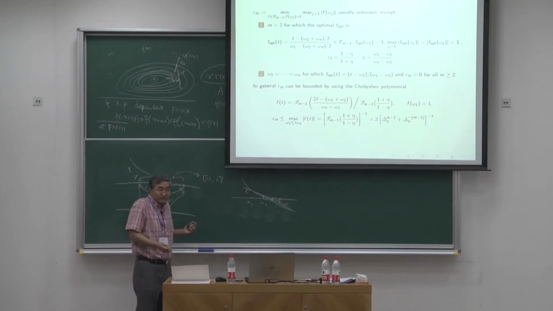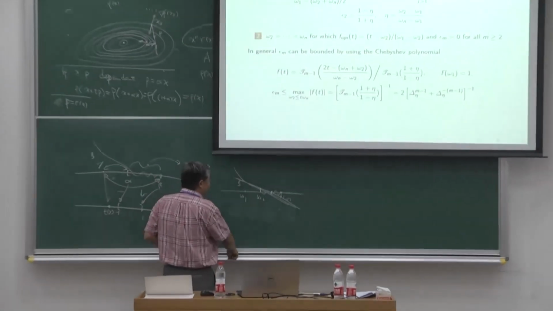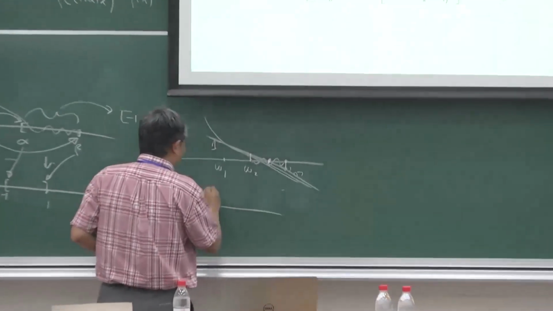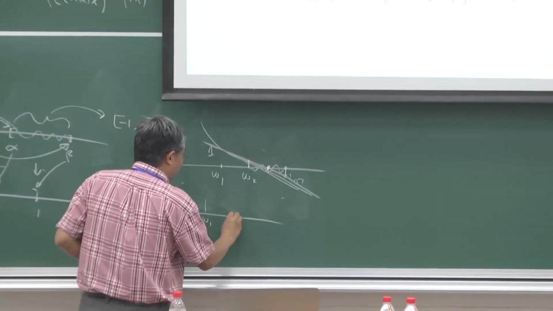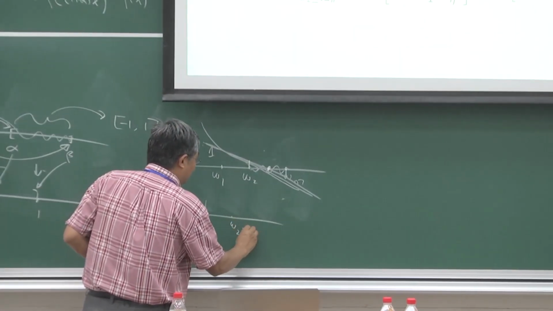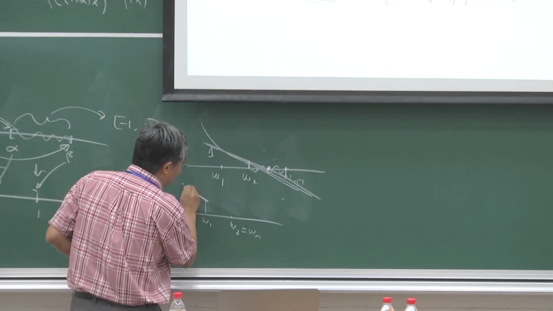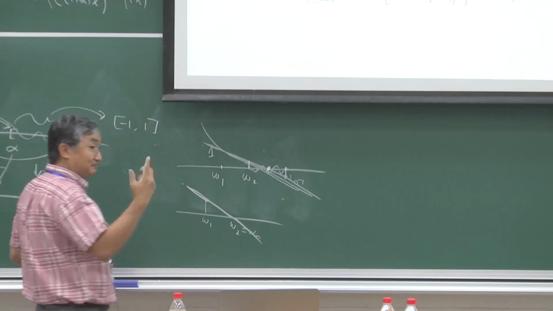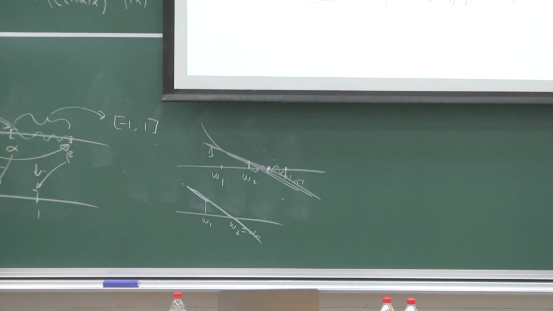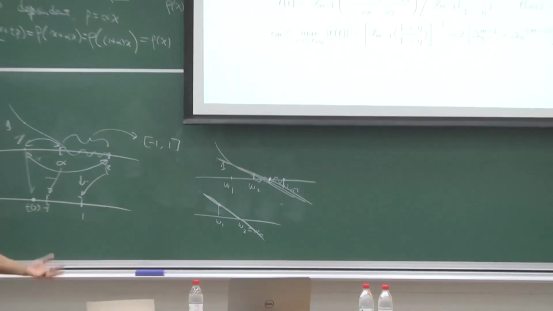And then if it becomes a single point, you draw a picture, omega 1 here, omega 2 equals omega n. This value equals 1, you can always draw a line through that, and then the epsilon m equals 0 right away. If it is equal to 0 right away, then you have the fastest convergence.